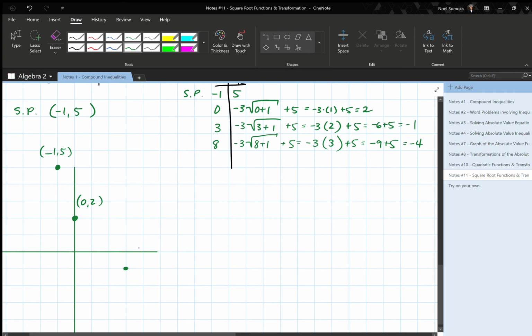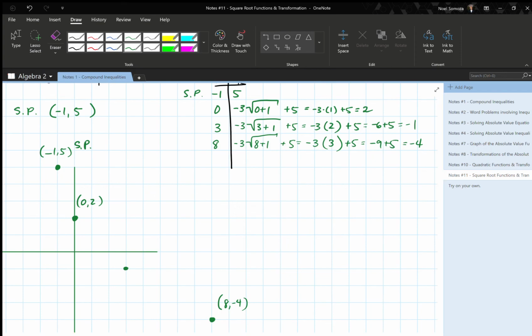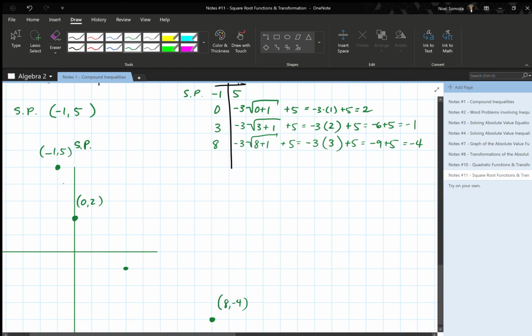And then 8, and then down 2, 3, 4. So like way down here. Remember this is the starting point up here, so you want to start from there and then draw your line with the arrow coming in this direction.